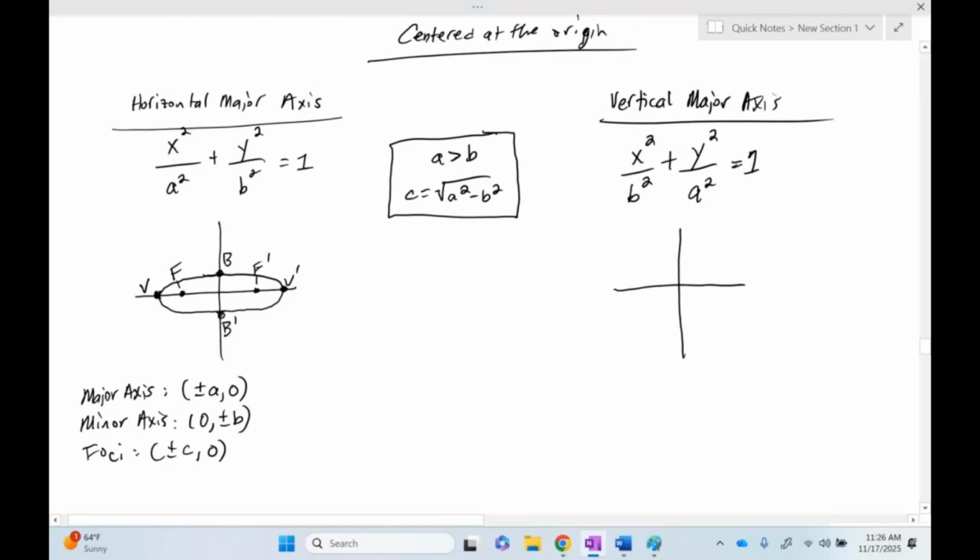So here's what the rough sketch of a graph will look like. In this ellipse, our vertical axis is going to be longer than the horizontal axis. So it should look something like that. Remember, along the major axis, you can find the vertices.